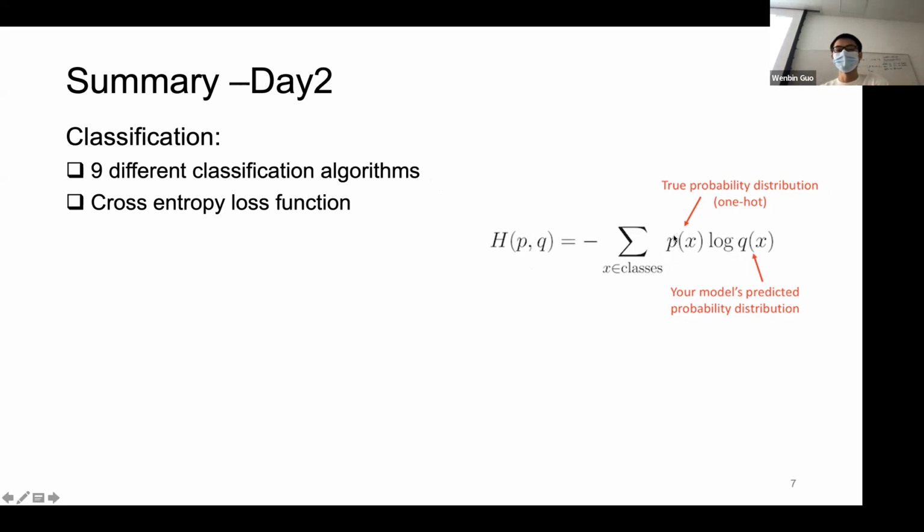Here is the definition: we use the true probability distribution, which is one-hot. For a given instance, the true label is either 1 or 0, times the predicted probability in log form. The predicted probability will be generated by the classifier you use.